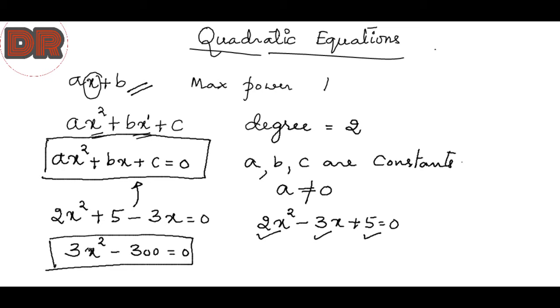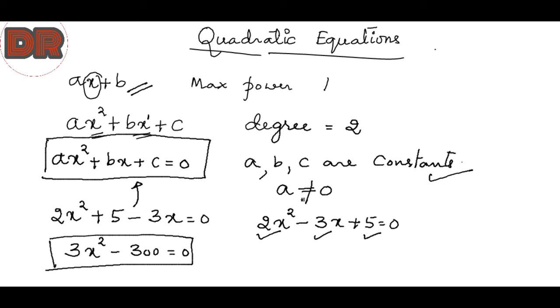Though there is no x term, the variable with power 1, that doesn't matter, because in the standard form we have taken a, b, c as constants and a cannot be equal to 0. b can be equal to 0.